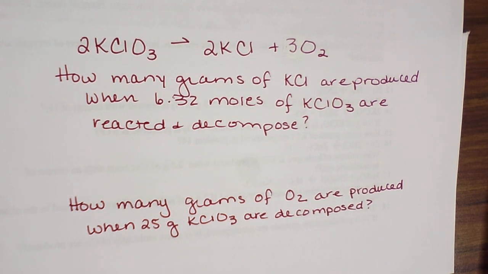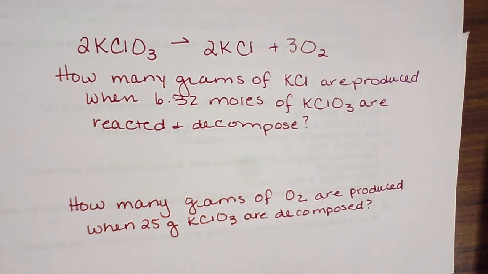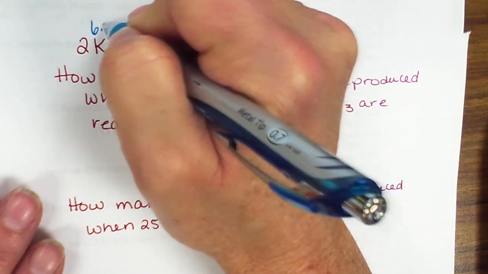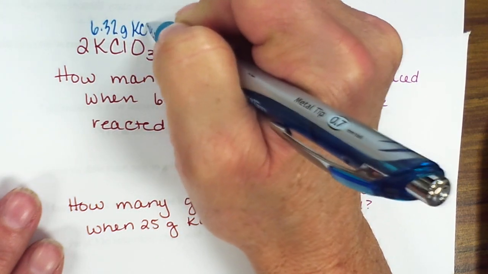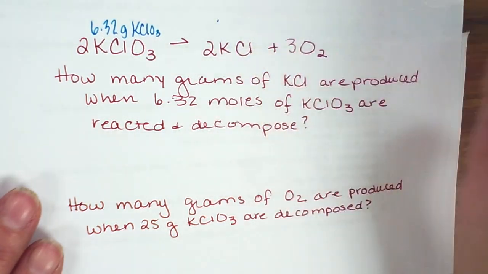In the first problem, it says, how many grams of potassium chloride are produced when you have 6.32 moles of potassium chlorate? And they're going to decompose. So if I write what I have, which is 6.32 grams of potassium chlorate right here, and what I want to know is how many moles.